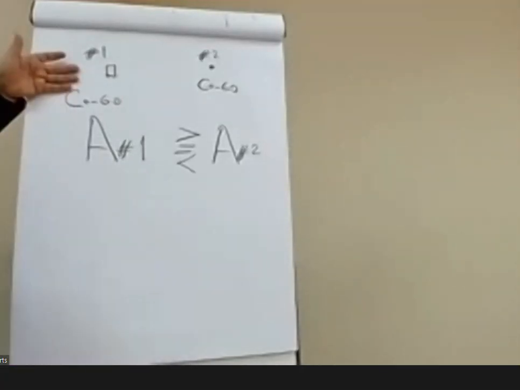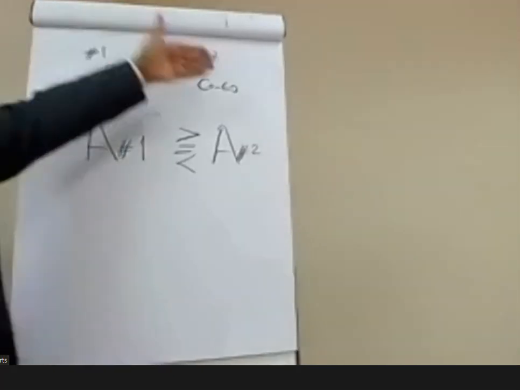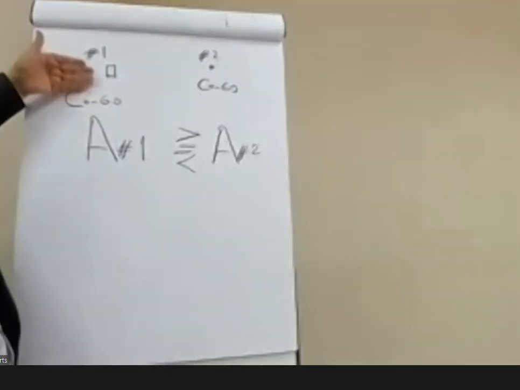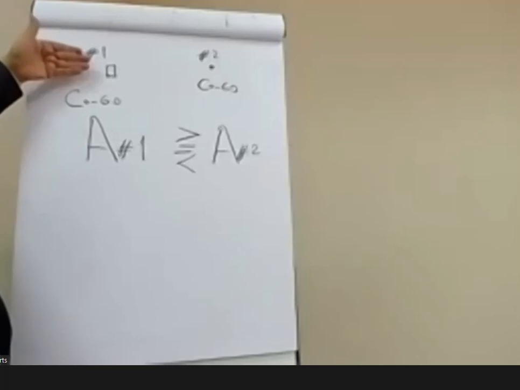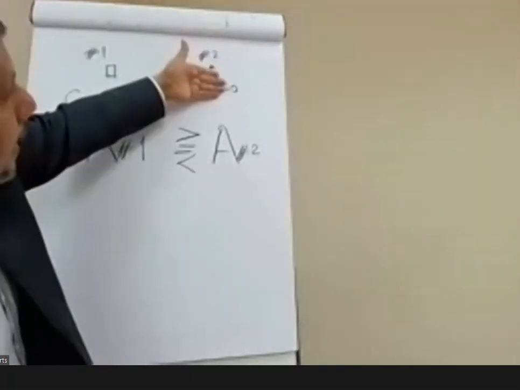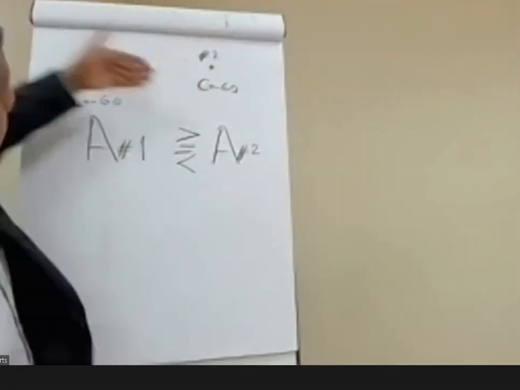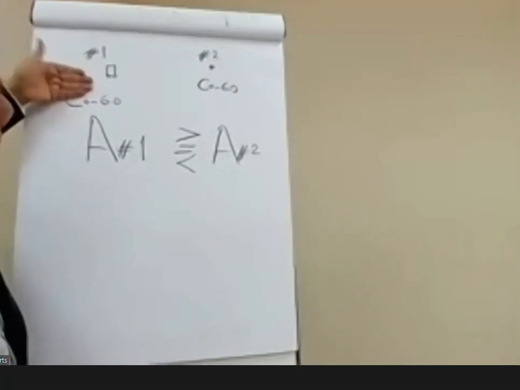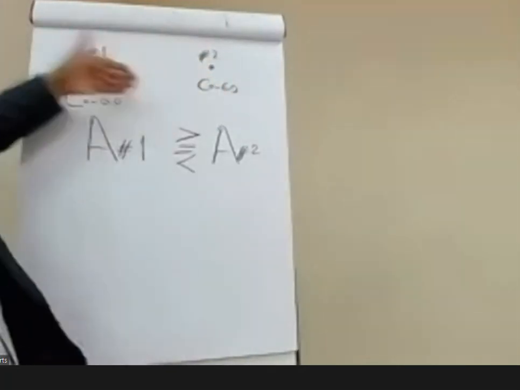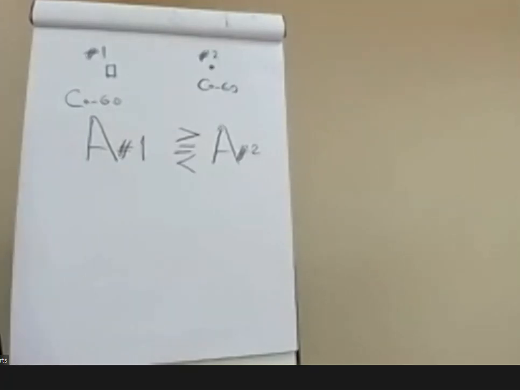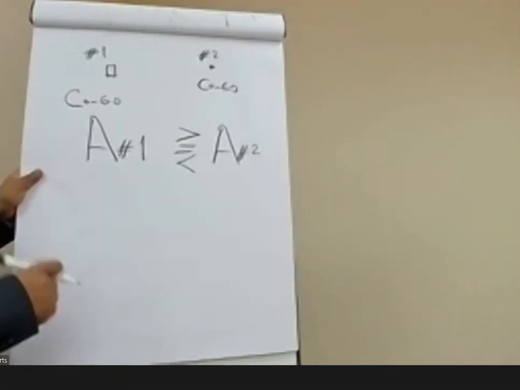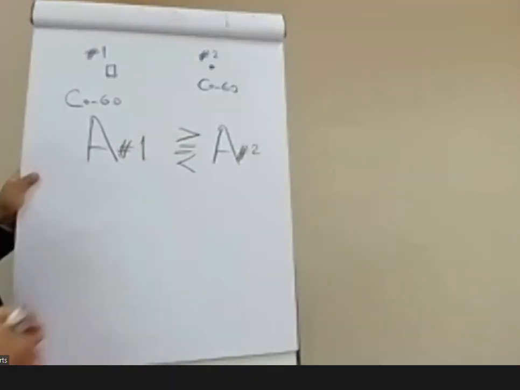Now, I ask you, do you think the activity, the number of decays per second here, equals the number of decays per second here, or less or greater? I think it will be the same, sir. Activity of A1 will be greater because it has more atoms.